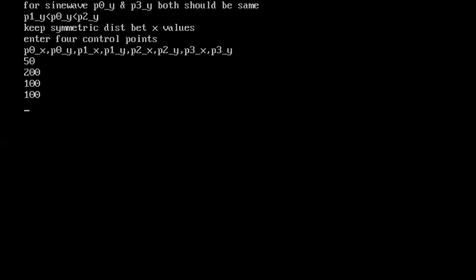After that the third point is 150, and y is 300, that is the maximum. And for the last, x can be incremented by 50, that is 150 plus 50, we get 200. And for y, p0y and p3y should be the same, so here we'll plot 200.